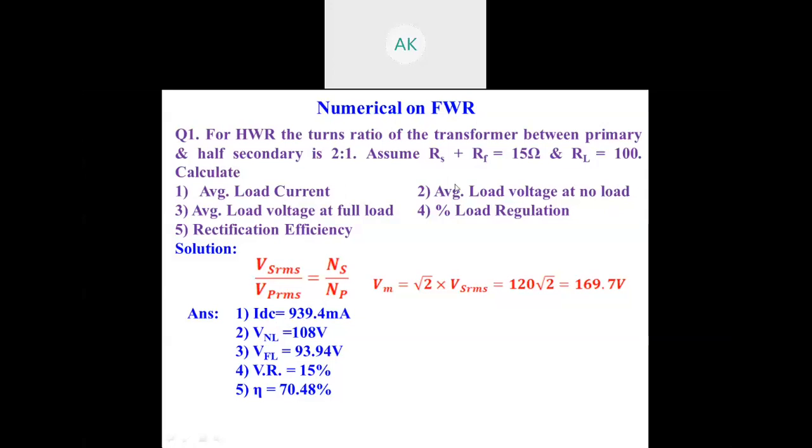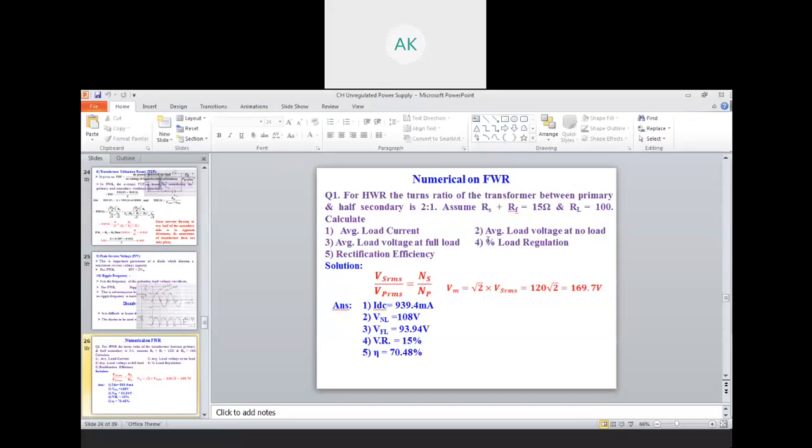What will that be? It's the no load voltage. VNL is equal to 2 Vm divided by pi. Vm we have already found, so you will have this one. Yes, VDC.